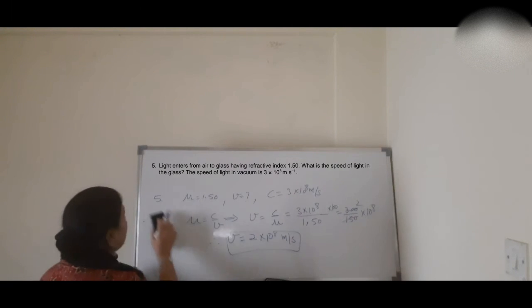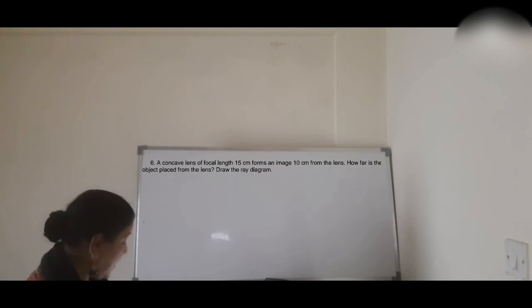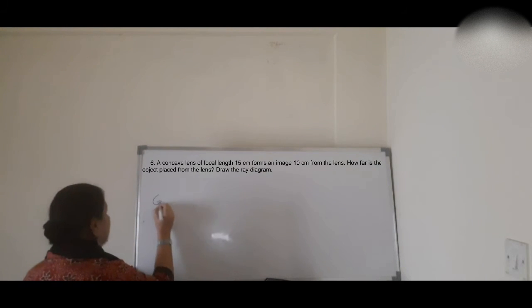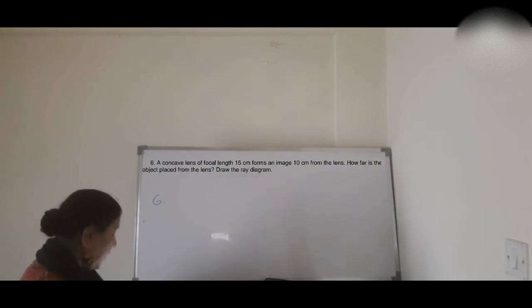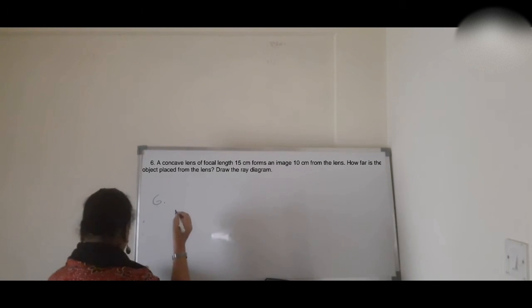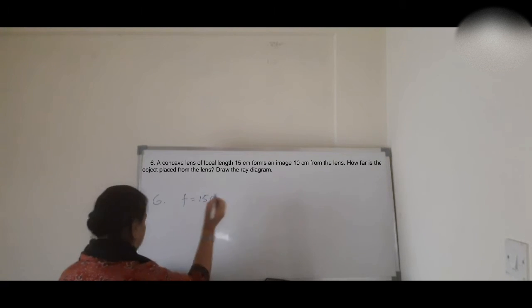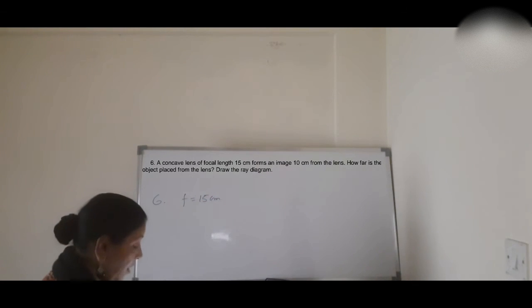We'll take question number 6. A concave lens of focal length 15 centimeters, so F is given as 15 centimeter, forms an image 10 centimeter from the lens.